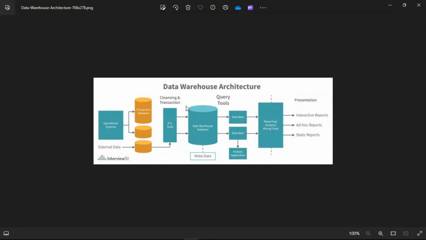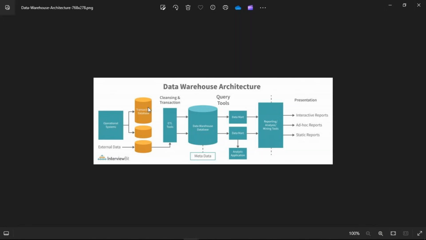So warehouse architecture is almost the same as ETL architecture. These operational systems are nothing but input to the ETL system. We will extract data from these operational systems. It can be a database, a flat file, an ERP system, anything. We can have data from anywhere as input to our ETL system.